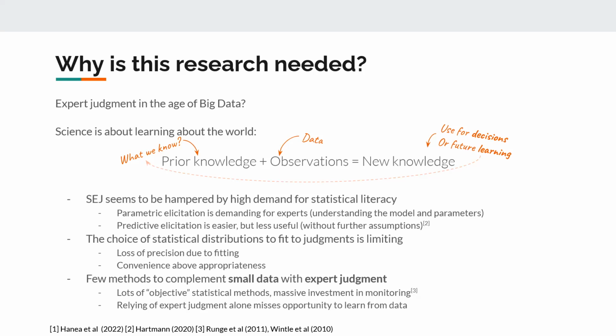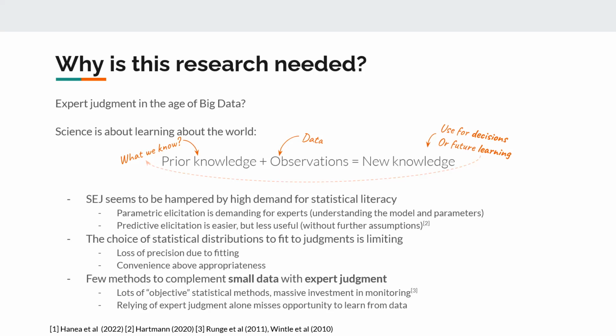Another one is the choice of statistical distributions is somehow limited. Well, in the paper, which I encourage you to read, I published online, there will be a URL at the end. I give an example of the elicitation software that is often used, and it has only so many distributions, and you are encouraged to kind of switch through them to find the distribution that fits best, and sometimes you don't find anything that fits best.